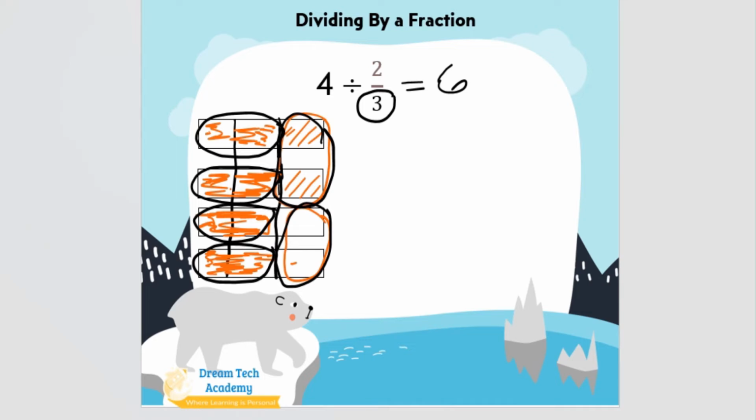So let's look at the calculation version. If we did not have to draw a model, or if this was larger numbers, how would we do it? Well, there's actually a strategy for this. We want to keep the first number. Then we're going to use the inverse operation.